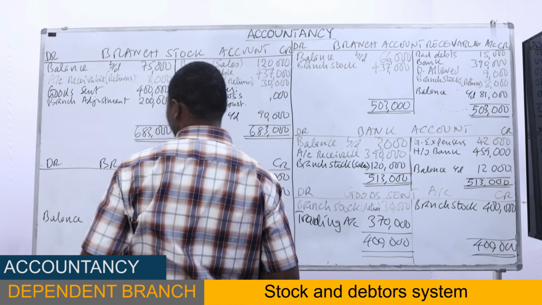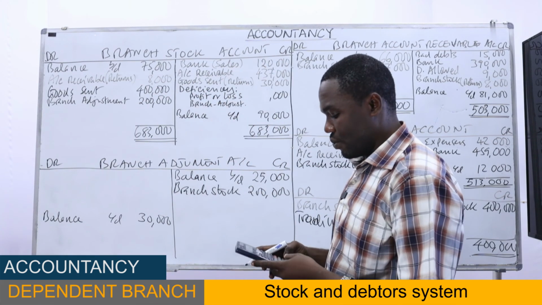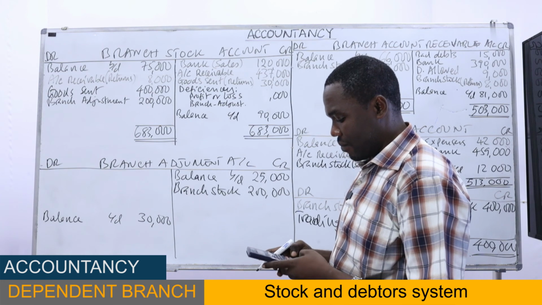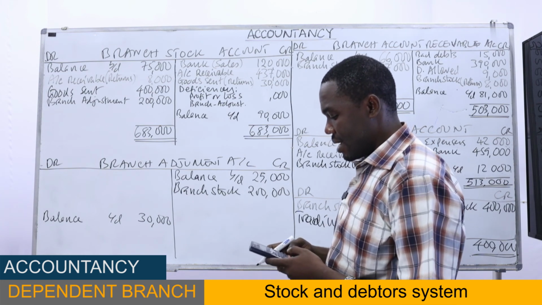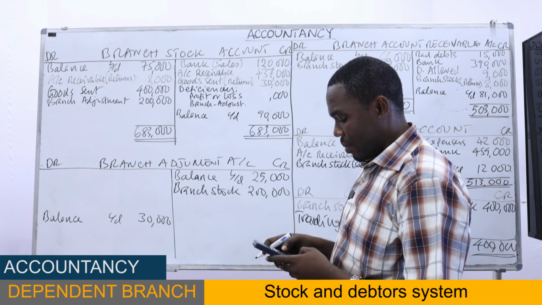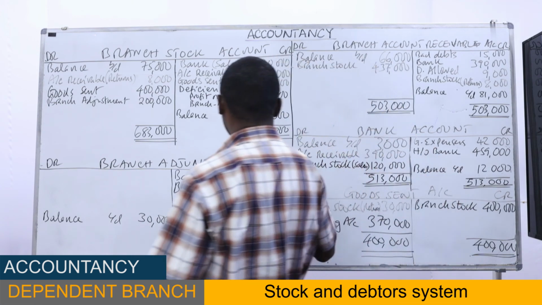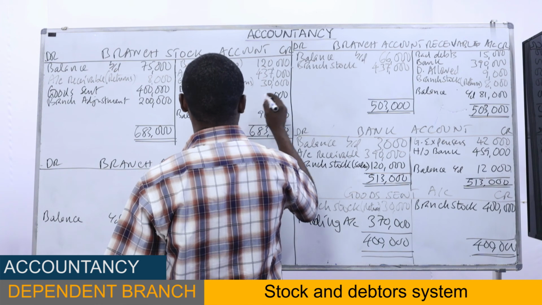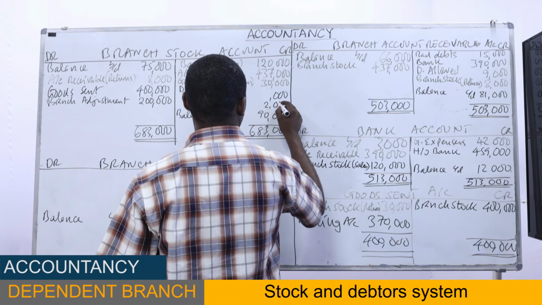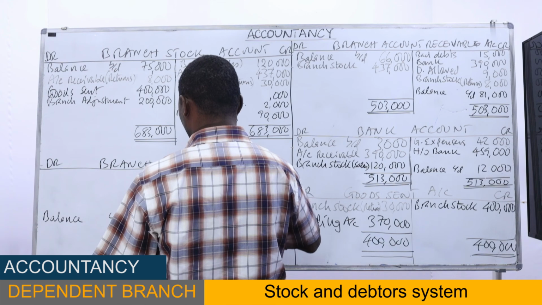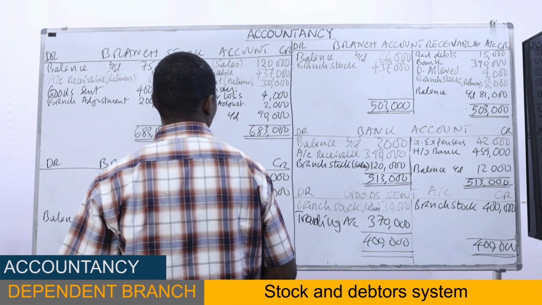If the margin was 1/3 times 6,000, we get the profit loading of 2,000. And of course, if it was 6,000, this will be 4,000 to P&L.